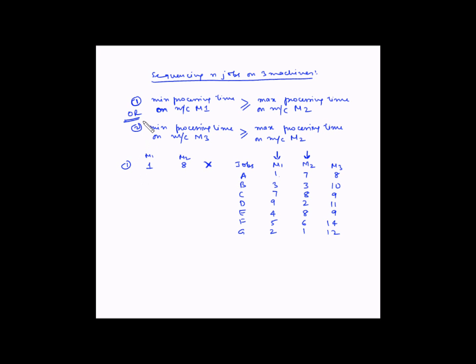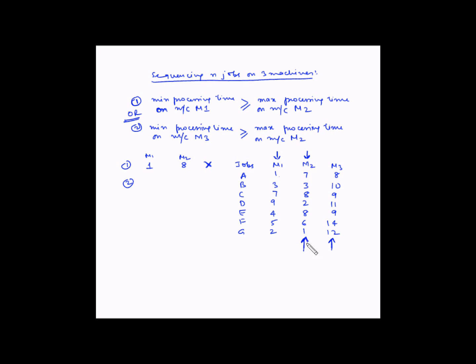Now in order to follow Johnson's rule, it is either 1 or 2 or both. So let's see if condition 2 can be satisfied. The second condition says that the minimum processing time on machine M3 is greater than or equal to the maximum processing time on machine M2.